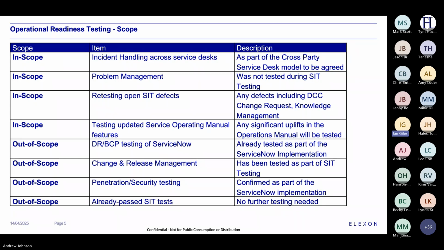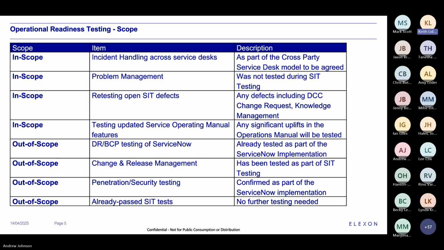I saw another hand, was it Keith? Yeah, hiya. I appreciate what you're saying about not redoing past SIT tests. And obviously we've not seen the scope of the tests you're talking about doing, but we will need to have some in there that are similar to the tests we did, in terms of being able to have tickets logged within your ServiceNow from a DIP perspective, because we didn't and still haven't got the ways of working defined.